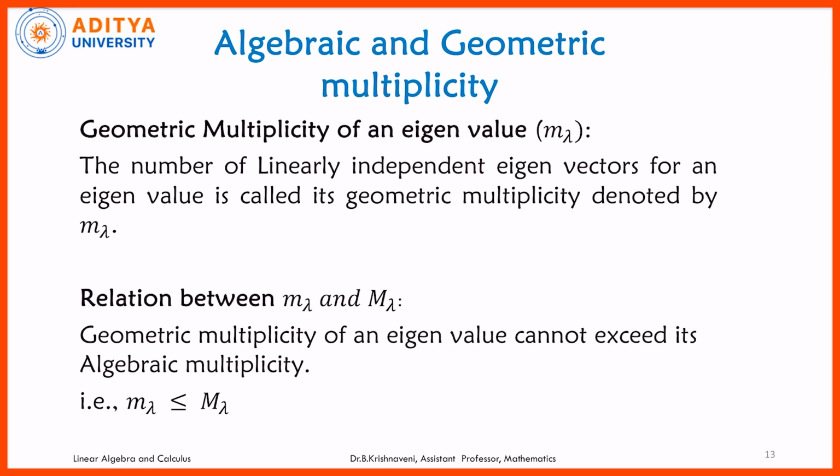Next is geometric multiplicity. The number of linearly independent eigenvectors for an eigenvalue is called its geometric multiplicity and is denoted by small m lambda. Capital M lambda is algebraic multiplicity, small m lambda is geometric multiplicity.